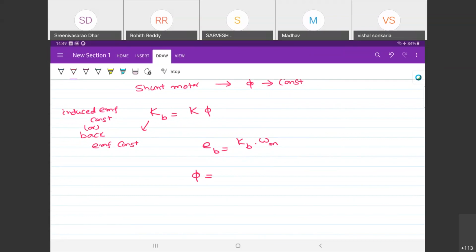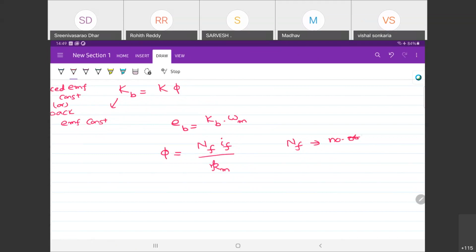So it is NF into IF by reluctance, where NF is the number of turns in the field winding and IF is the field current.